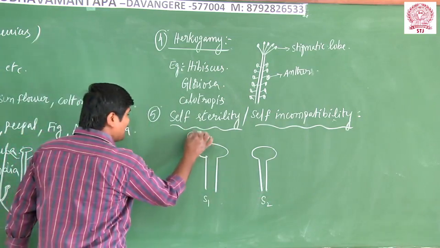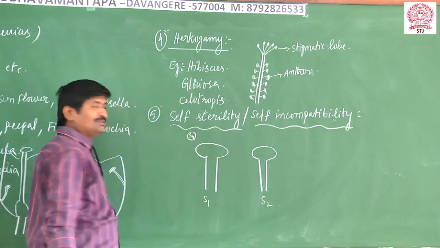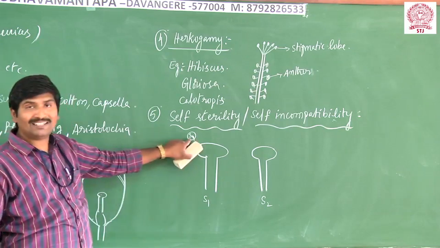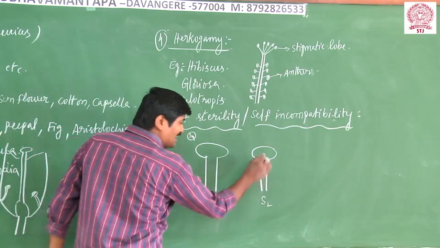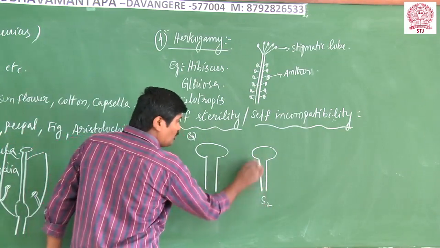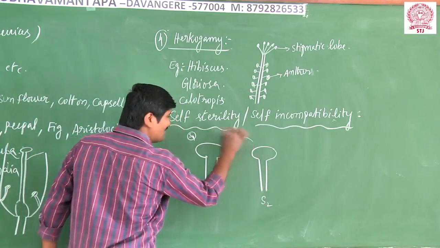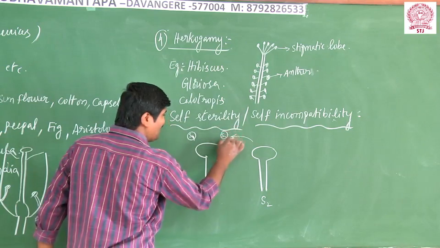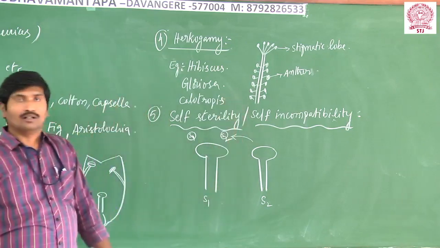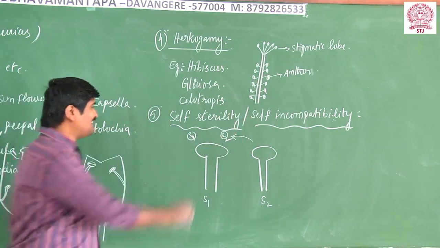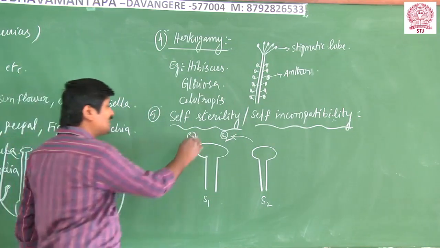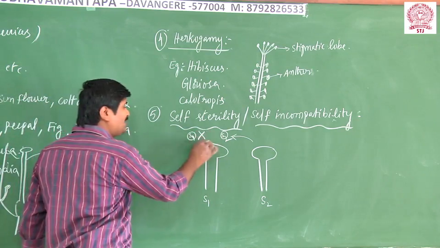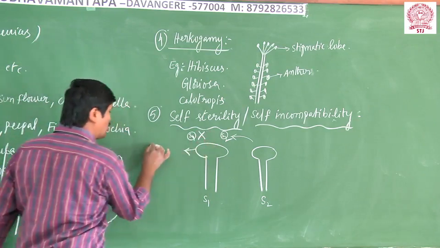Suppose this is pollen grain S1. S1 means the pollen grain comes from the same flower. This is another stigmatic lobe, of a bisexual flower. This is, for example, S2. Now see here, when the pollen grain comes from the same flower, the pollen grains cannot germinate on the stigmatic lobe.